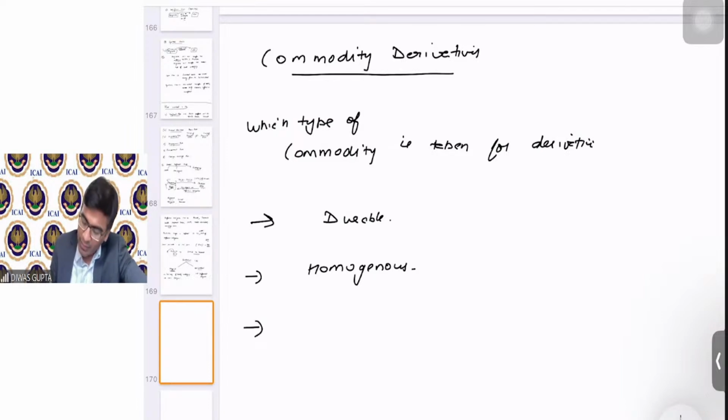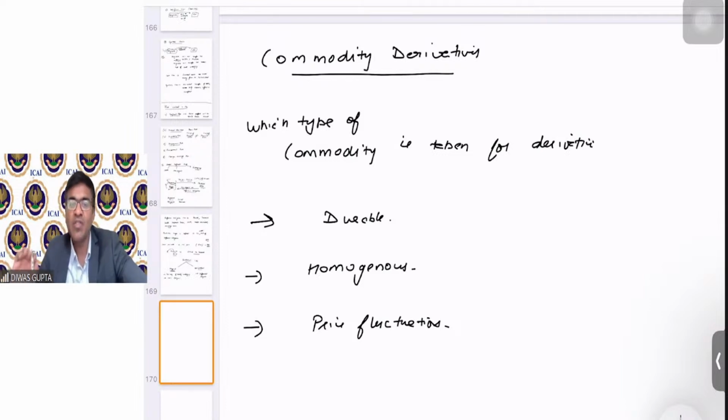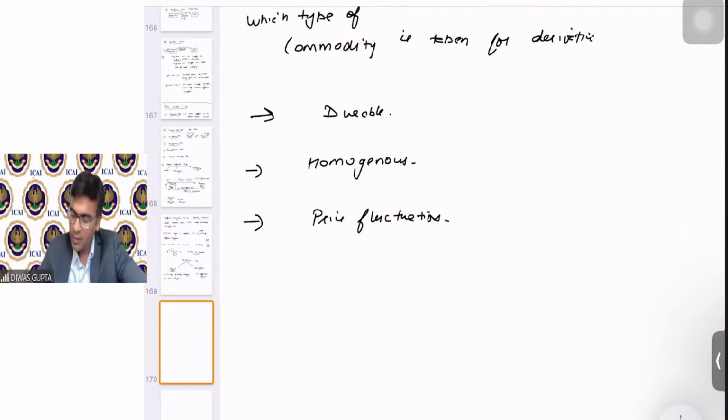Then it must be subject to price fluctuations. It cannot be that the prices are not fluctuating. If the prices fluctuate, then only it will incentivize people to enter into commodity derivatives to curb those price fluctuations. But if the price is already flat, it will not be of any use to anyone.